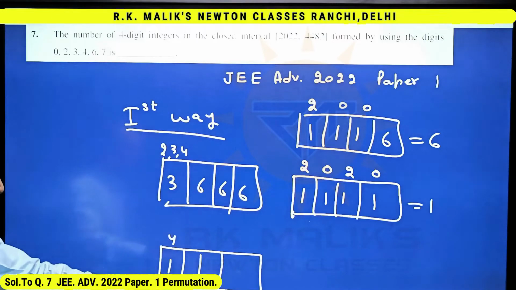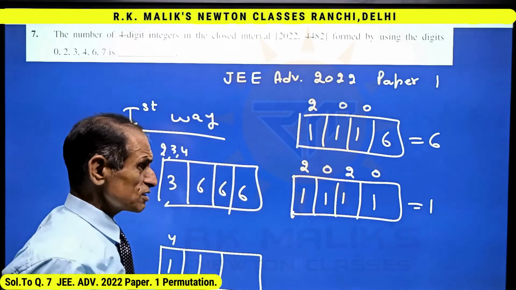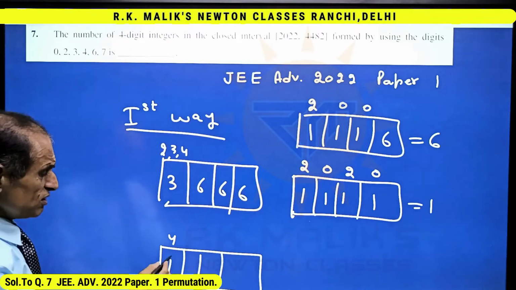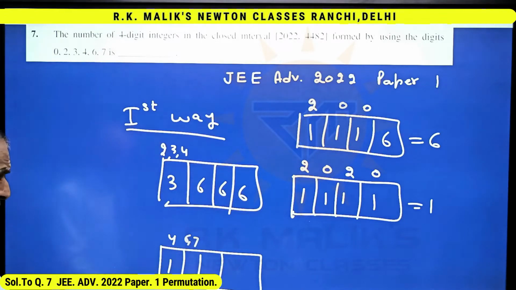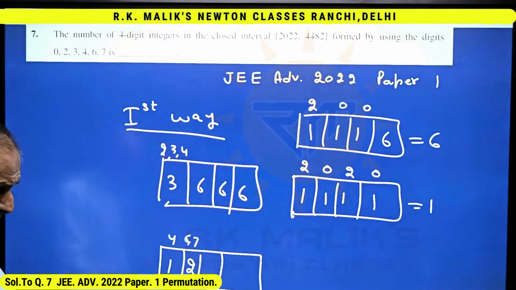And if 4 comes here, then the number formed can be less than this or more than this. That case I will be dealing afterwards. First I am dealing with the case when 6 or 7 comes in the second place, that is this place is filled in 2 ways.